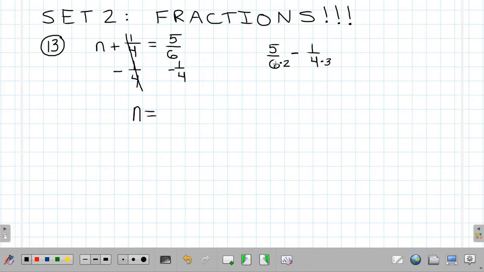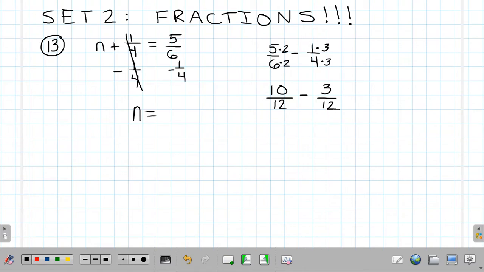So if we multiply 6 times 2, we also have to multiply 5 times 2. And if we multiply 4 times 3, we also have to multiply 1 times 3. So our fractions actually become 5 times 2 is 10 over 12. And then we've got minus 1 times 3 is 3 over 12.